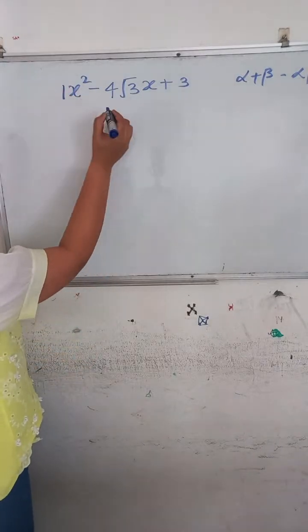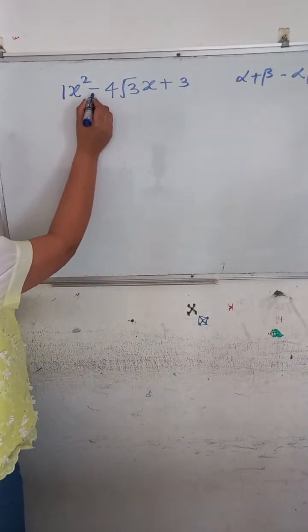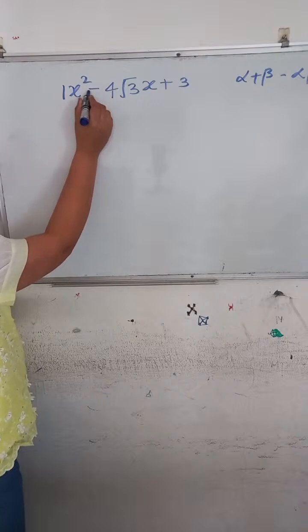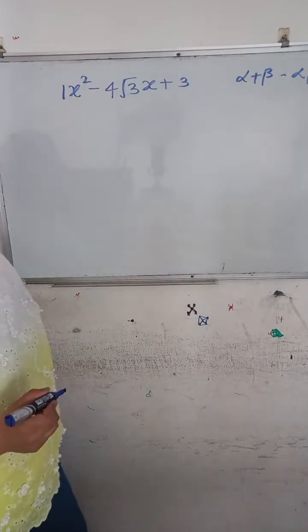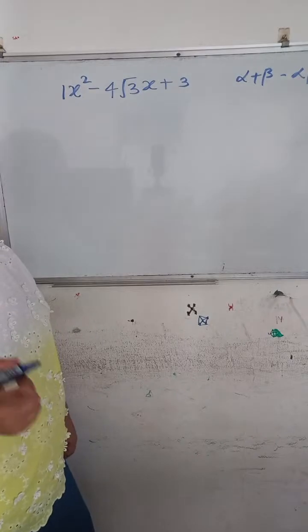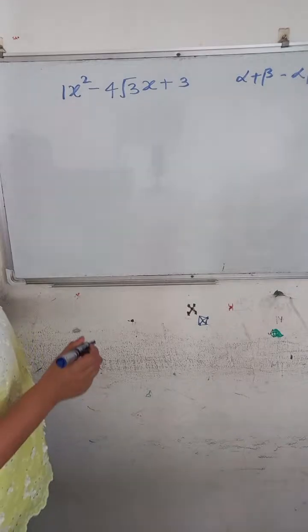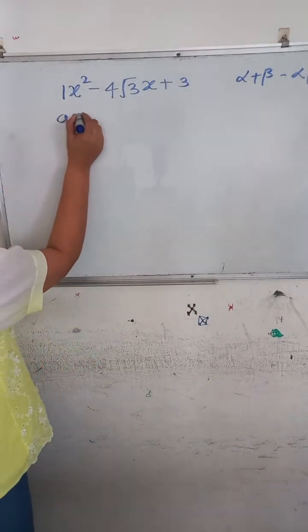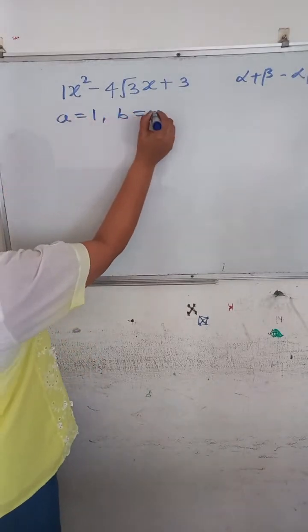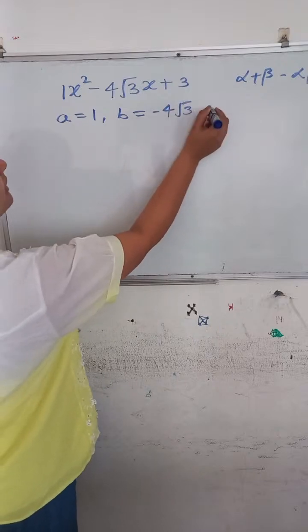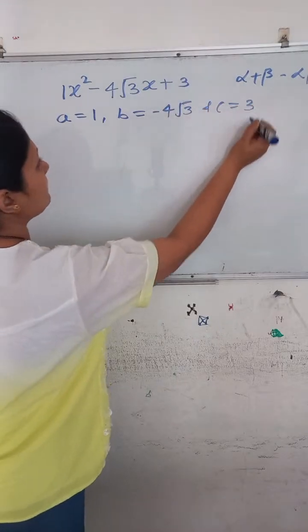Jivitesh, you wrote the correct value, but I told you many times to write or tell with sign. If signs are not there, then your entire answer will go wrong. So here we have A is 1, B is minus 4 root 3 and C is 3.